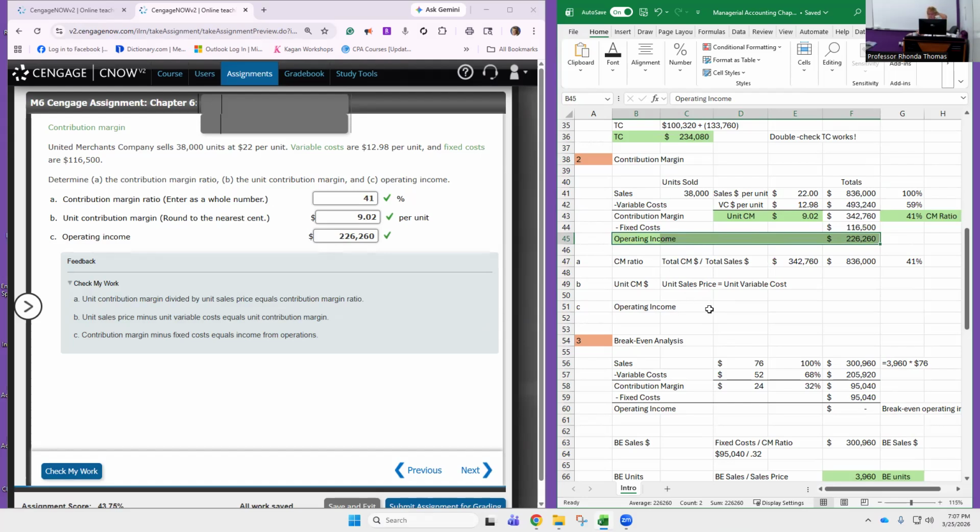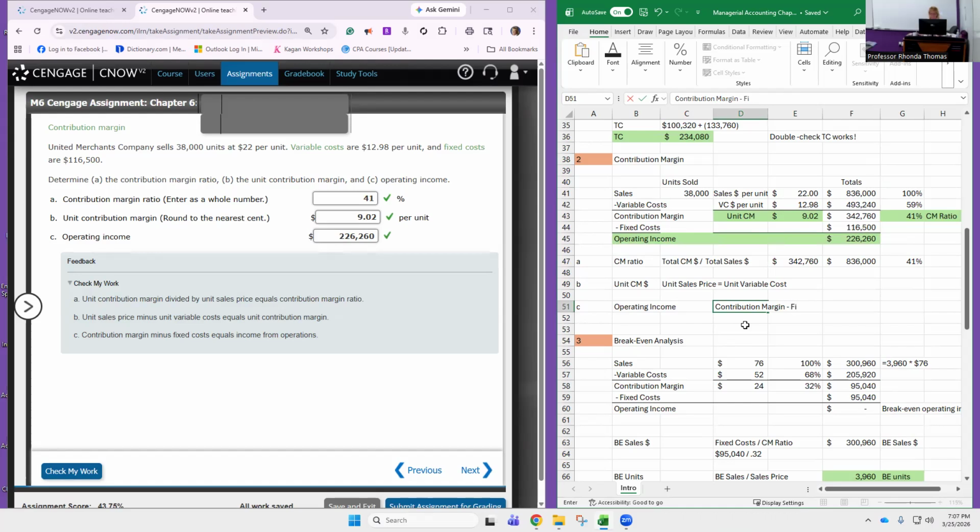So another way to calculate operating income, I've just put total dollars, right? The contribution margin minus fixed costs. Okay, so you got to figure that stuff up above first. So contribution margin, that's total, less fixed cost.